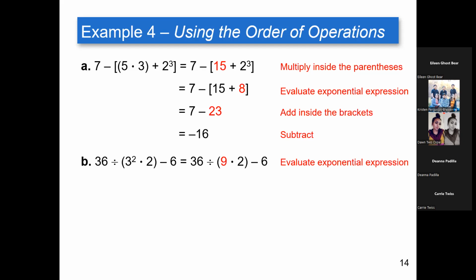All right, here we go. Practice problem B or example B. 36 divided by parentheses, 3 squared times 2. So we'll do that first. The parentheses, minus 6. So inside the parentheses, there's an exponent. So see, sometimes they're sort of layered, like a pastry or something, or they're embedded, like filling in a donut.